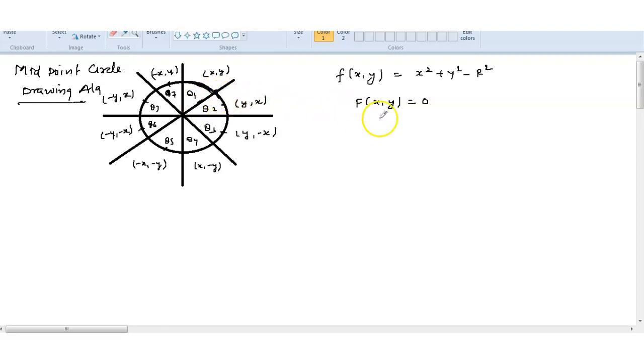If we substitute this x and y and the function value is equal to 0, then we can write that this point x y lies on the circle.